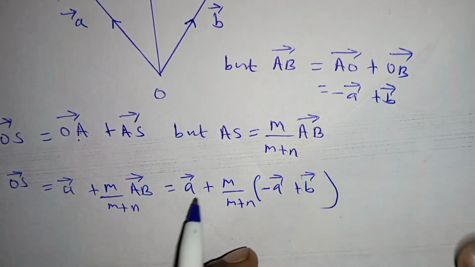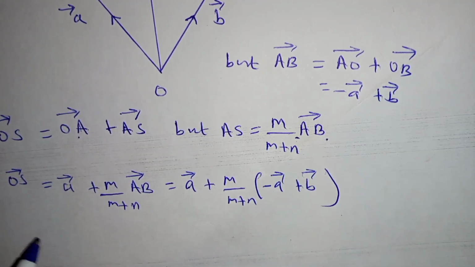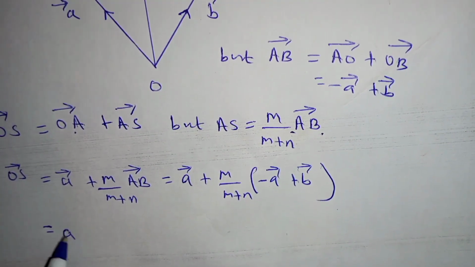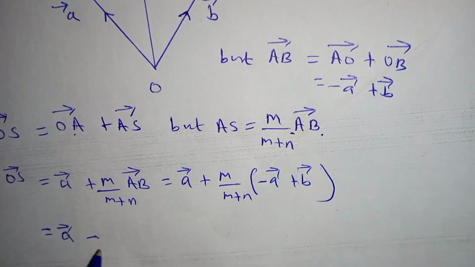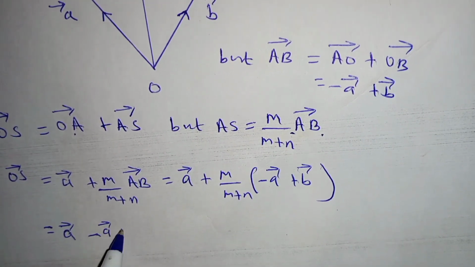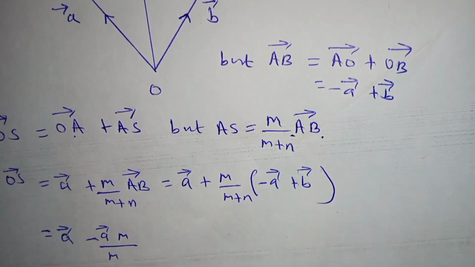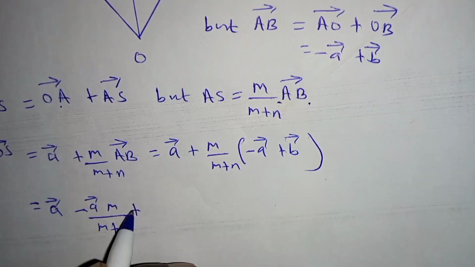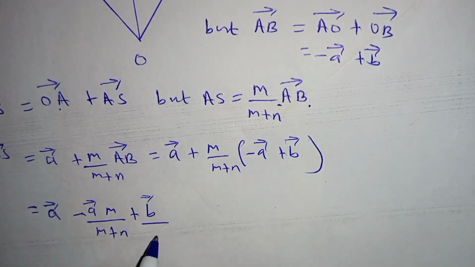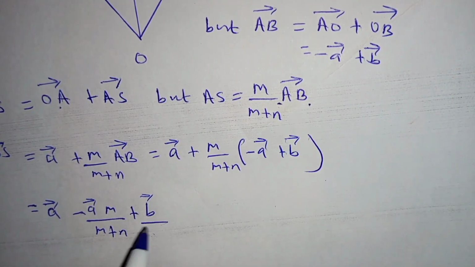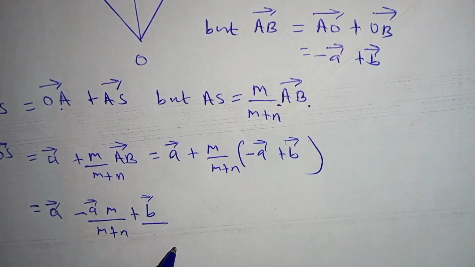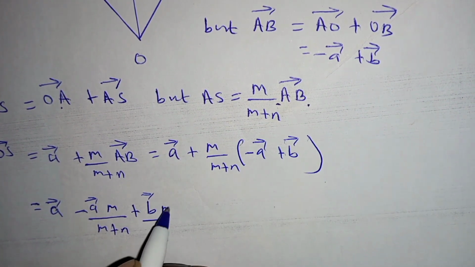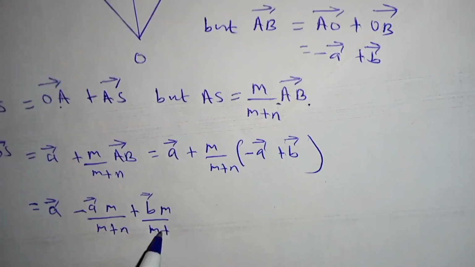Substituting the value of vector A and B, then we remove the bracket, which is equal to vector A minus AM divided by m plus n, then plus vector B m over m plus n.